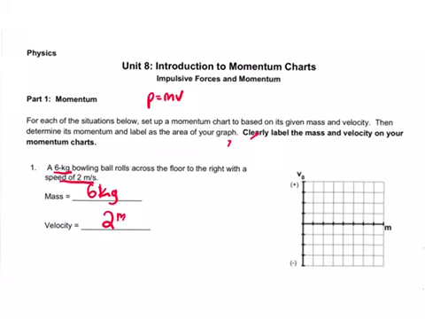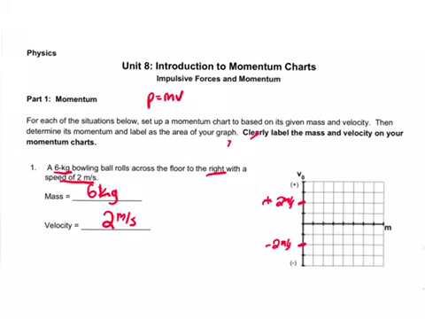So we know the speed is 2 meters per second. Which direction though? Positive or negative? Are we going to go up here 2 meters per second or down here 2 meters per second? Right? Positive or negative? Okay, so it turns out that for this one, it's moving to the right. Okay, so we want that top one, right?